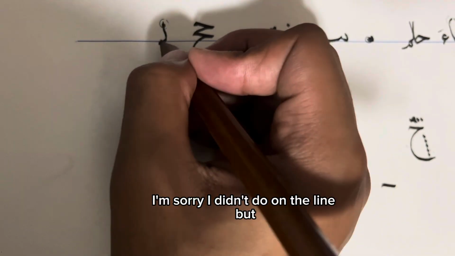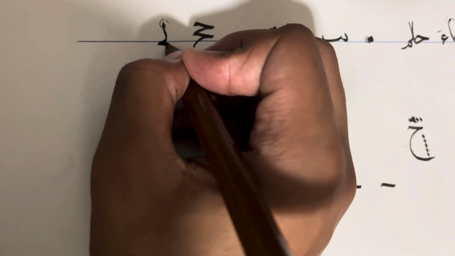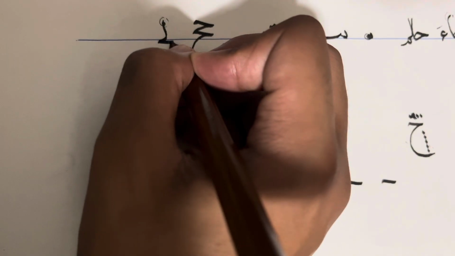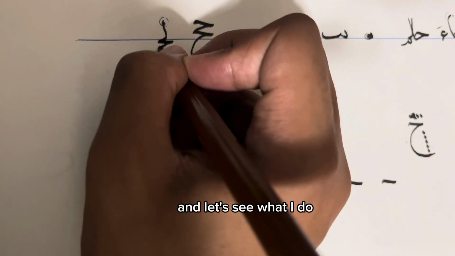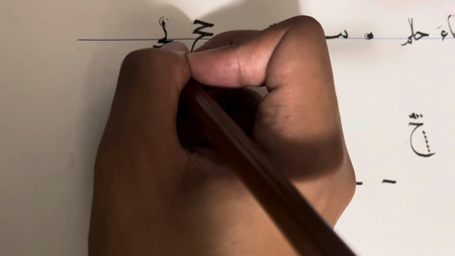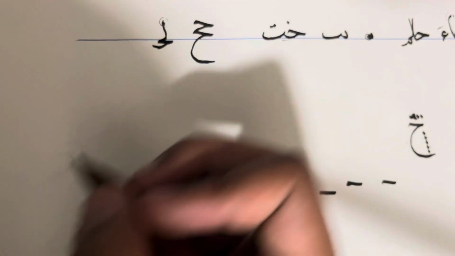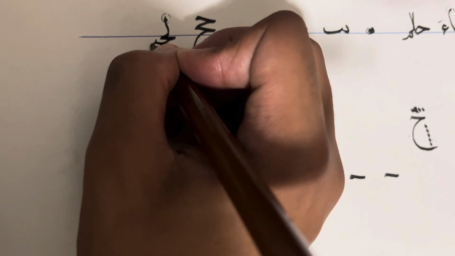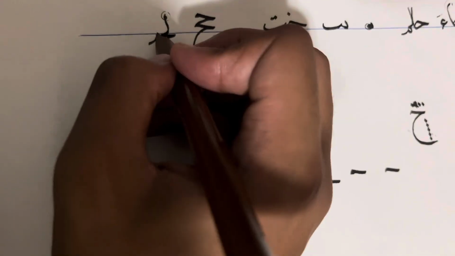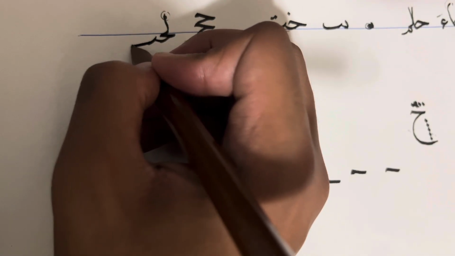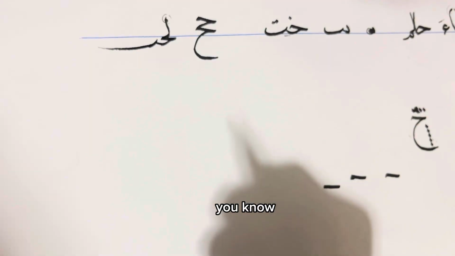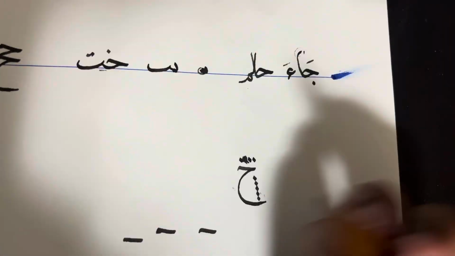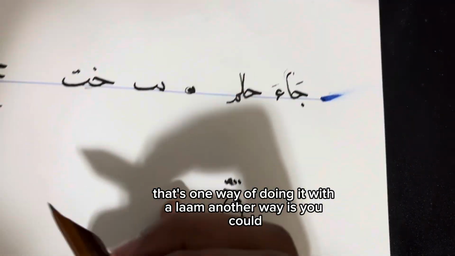I'm sorry I didn't do it on the line, but come in like that. And let's say we're adding some like that. But that's one way of doing it with a lam.